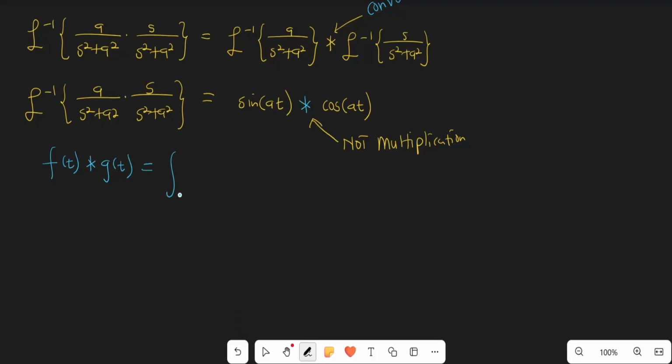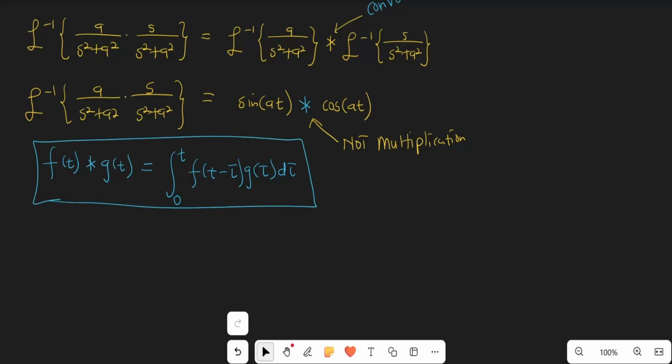This is equal to the integral from 0 to t of f of t minus another variable, let's say tau, multiplied by g of tau, d tau. This is the definition of the convolution of f of t and g of t. This is pronounced as f of t convoluted with g of t.